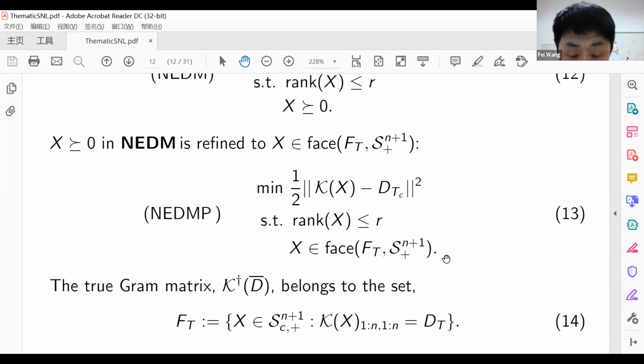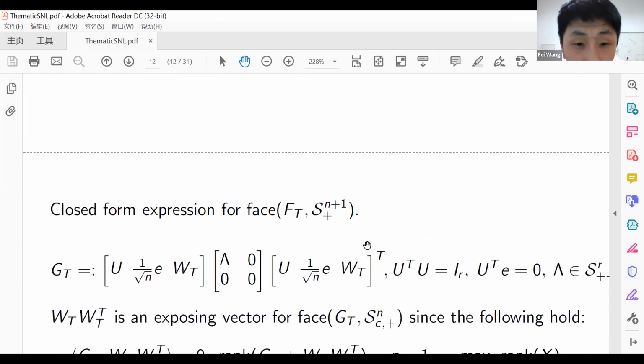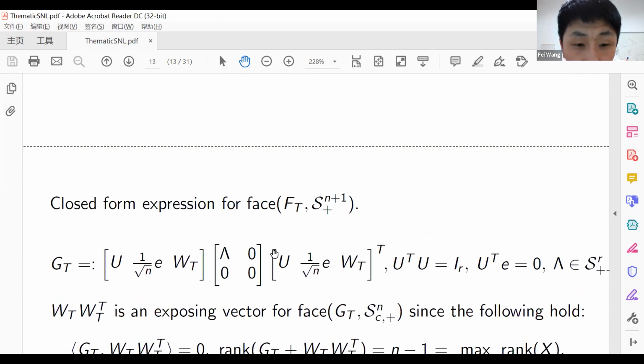If X is in this face, then after we solve this and apply Procrustes, the towers can be exactly rotated back to their original location by an invertible matrix. The matrix is not necessarily the identity, but it is invertible. So the towers can be put back if X is in this face.